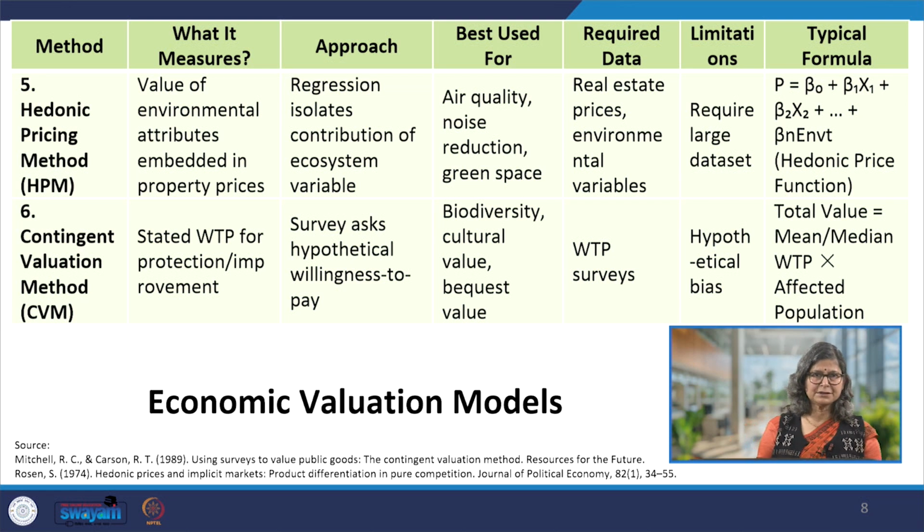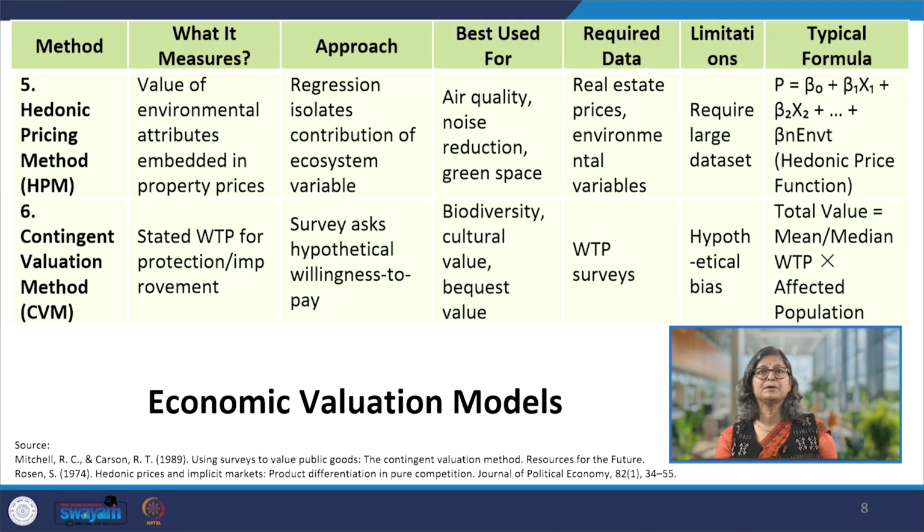Contingent valuation method, CVM, is the next method we'll be discussing. It measures stated willingness to pay for protection or improvement. Through a survey, you ask about hypothetical willingness to pay. That's the approach. It is best used for biodiversity, cultural value, bequest value.